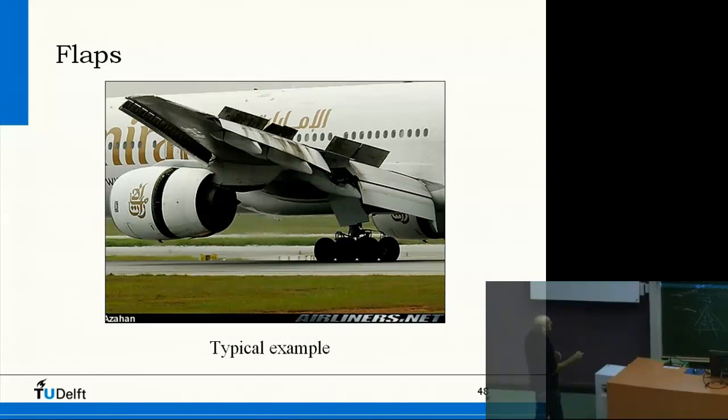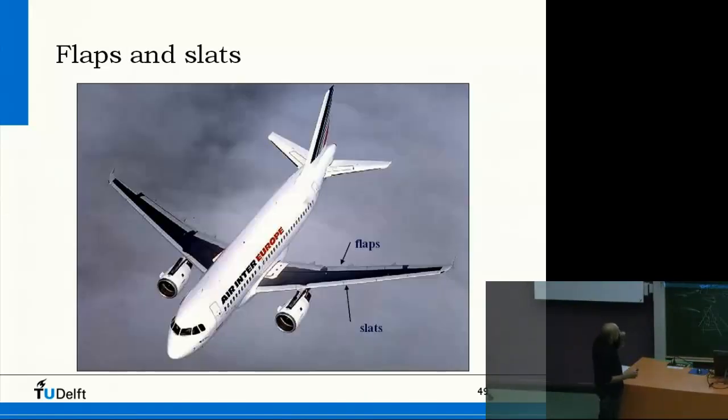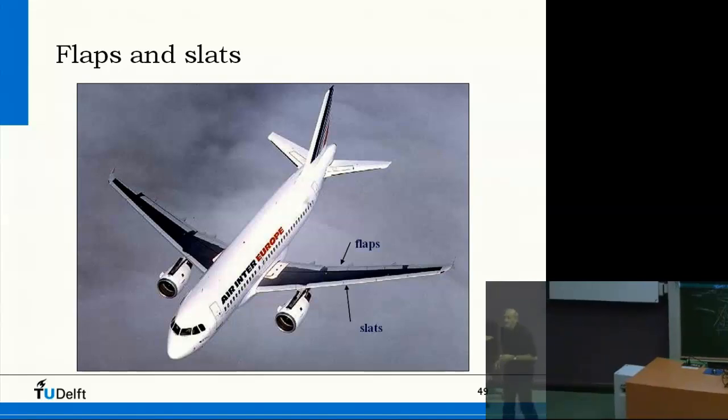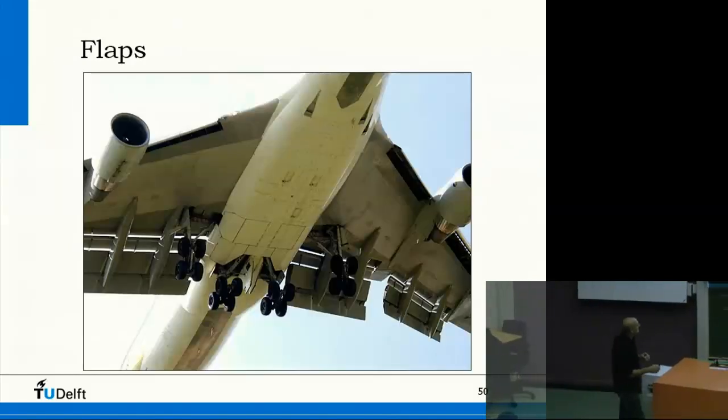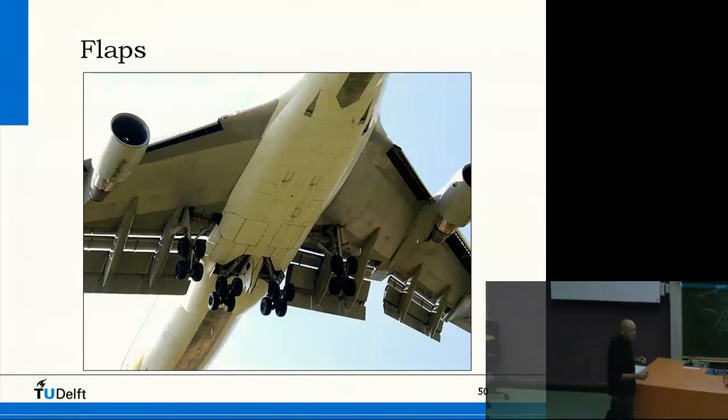Well, here you see some examples. A typical example. Here are the flaps, and if we talk about devices on the leading edge instead of the trailing edge, we talk about slats. Okay, here you see slots between the flaps, which also has an advantage.